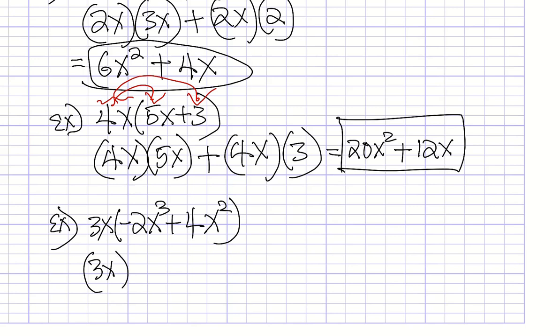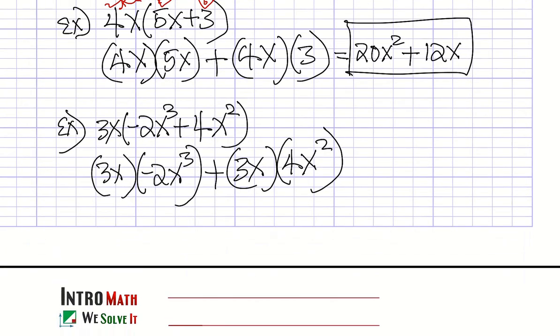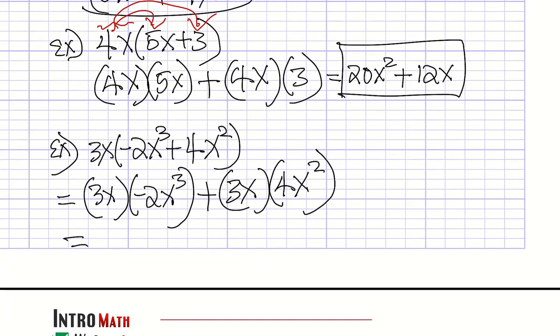3x times negative 2x raised to power 3, plus 3x times 4x raised to power 2. Alright, see it, right? Okay. So you keep moving on. What is that? That is negative 6x raised to power 4.